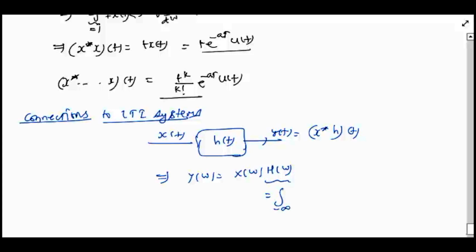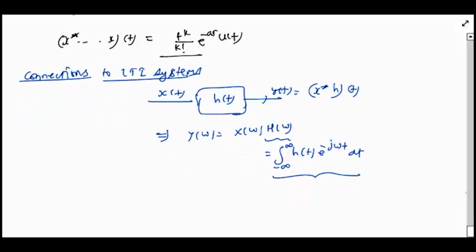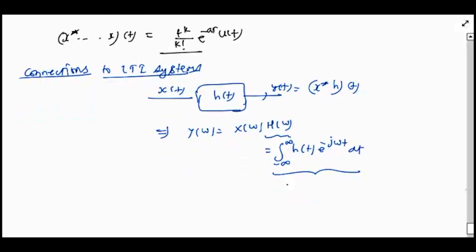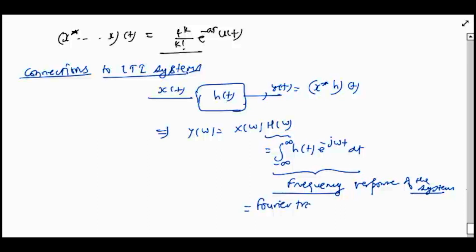That is, H(omega) is the integral from minus infinity to infinity of h(t) e to the minus j omega t dt. If we recall the first lecture, this is what we defined as the frequency response of the system. So we see that the frequency response of the system is nothing but the Fourier transform of the impulse response.